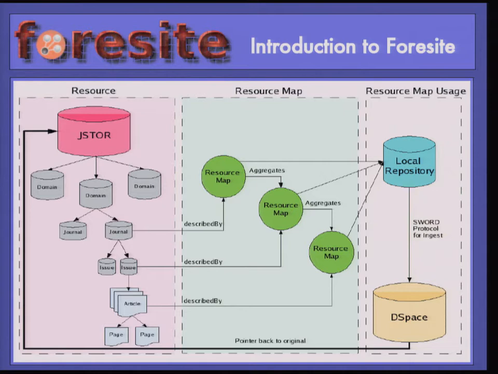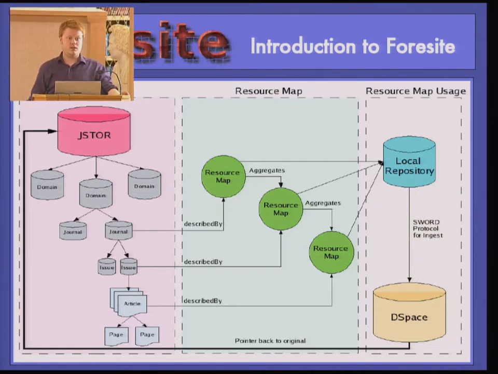So a resource map can be used to describe a journal, which will tell us what issues are in that journal, what articles are in those issues, what pages are in those articles. And likewise, we can pull out individual resource maps for issues, describing what's below them, and furthermore, resource maps to describe individual articles. So you get this increasingly granular view of the objects as you expose or dereference more of these resource maps.